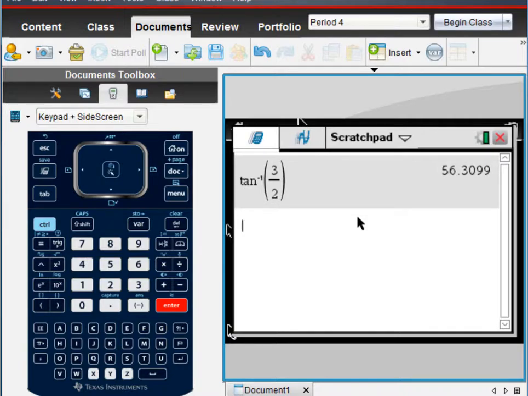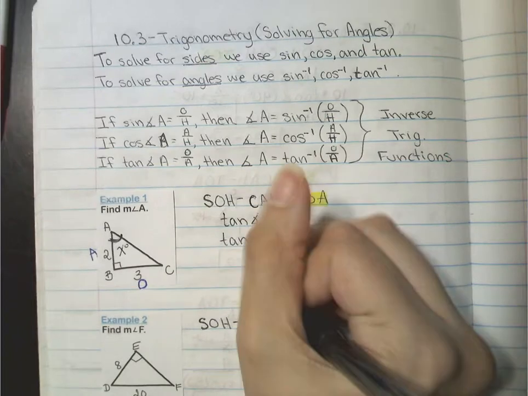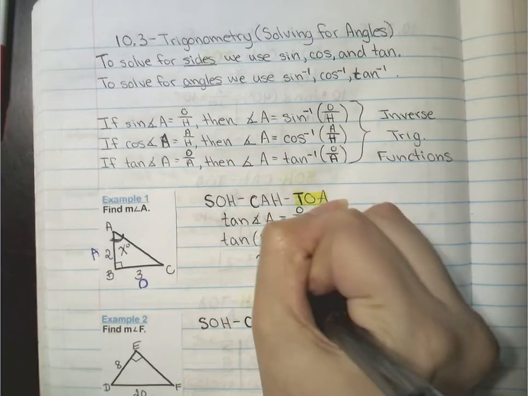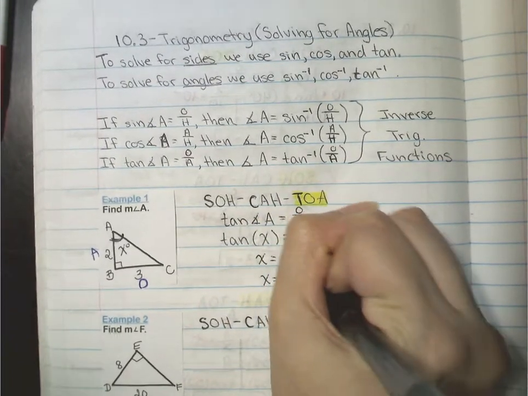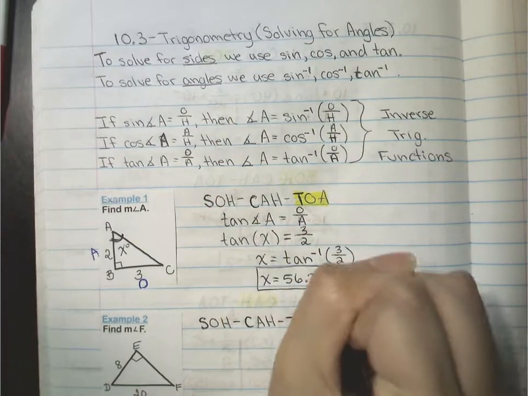I'm rounding to the nearest hundredth, so that would be 56.31. So x equals 56.31 degrees, because now I'm solving for angles, so I have to have my degree symbol.